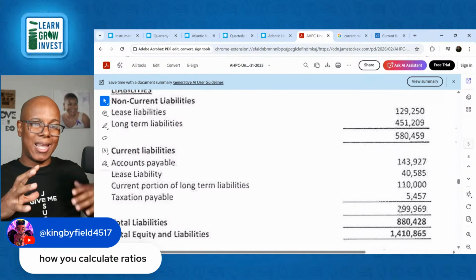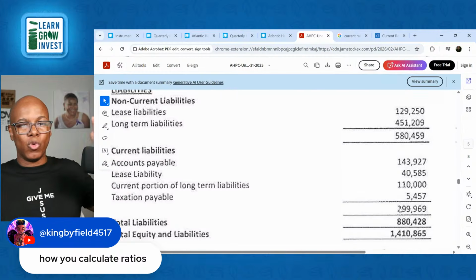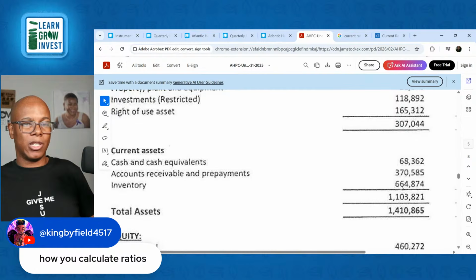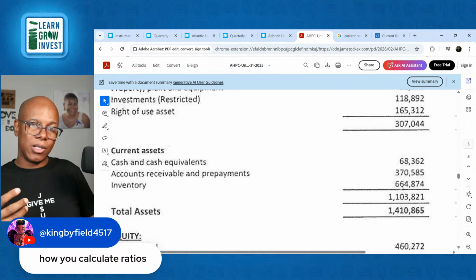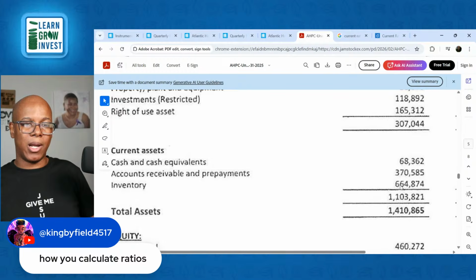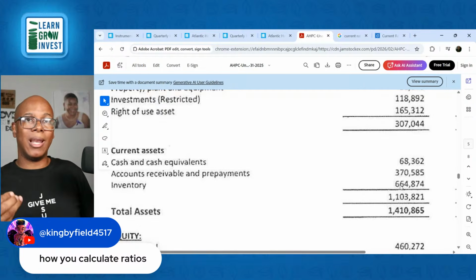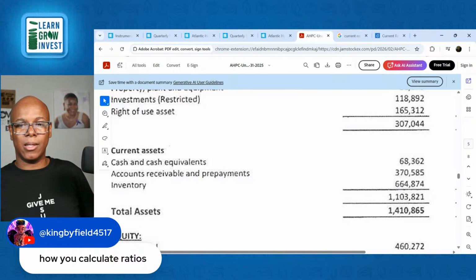So it's not the same amount of room that they would have, because of course their inventory is 664 million. So the ratios have to be taken within context, and you have to use the right ratio to get a proper understanding of the company. Because if you did the current ratio and got 3.67 times, you may say, yes, they're in a good state, but it would be better to do the asset test to see if they have enough liquidity to be able to take care of their short-term obligations, right?